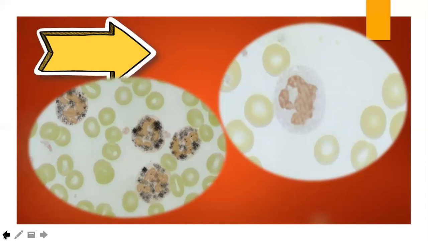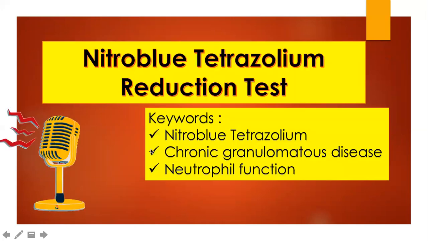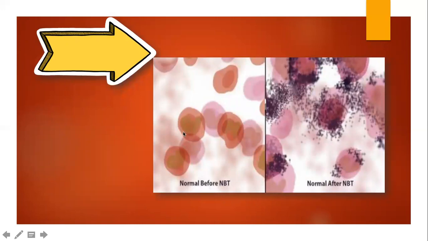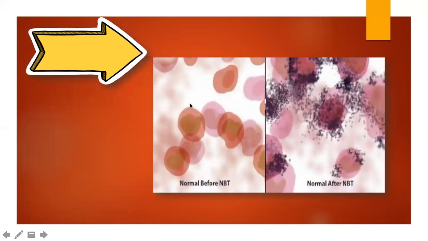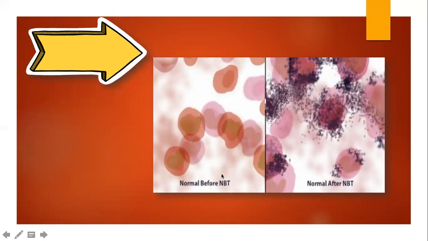So what is this test all about? For this type of test for neutrophil function, you need to remember the keywords nitroblue tetrazolium, chronic granulomatous disease, and neutrophil function. As you can see here in the picture, this is the blood smear for the nitroblue tetrazolium reduction test.